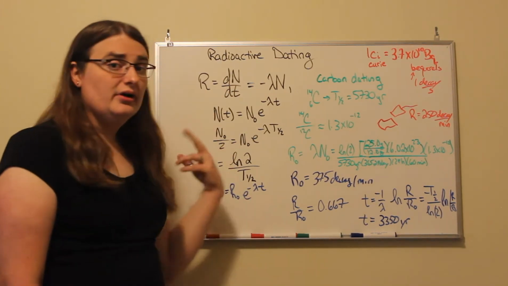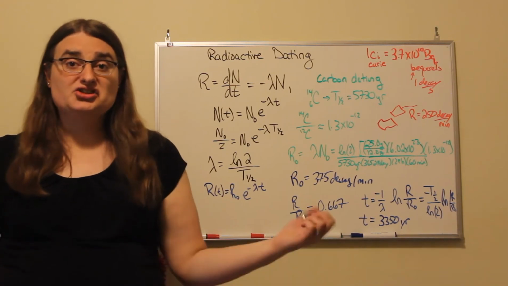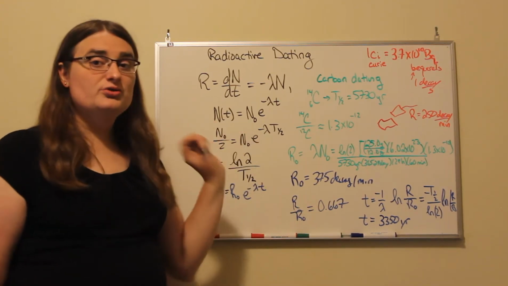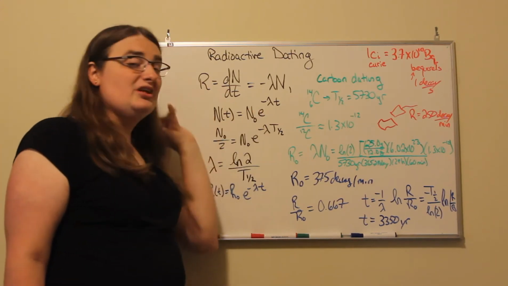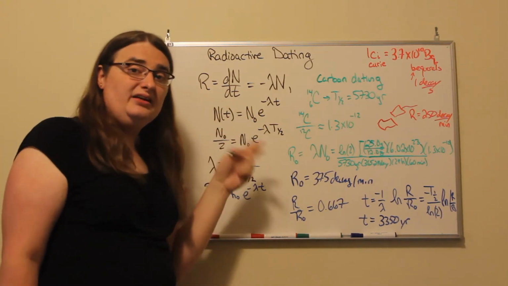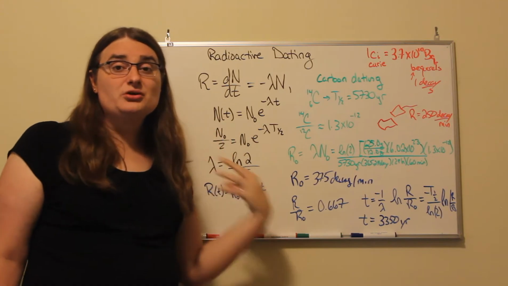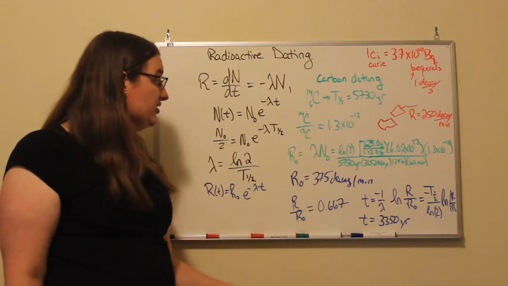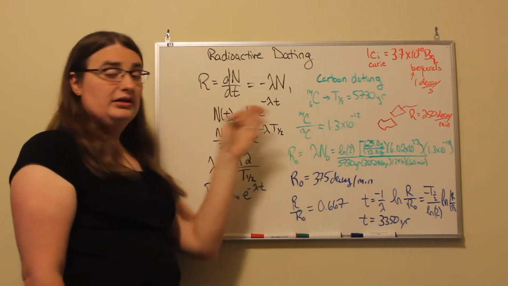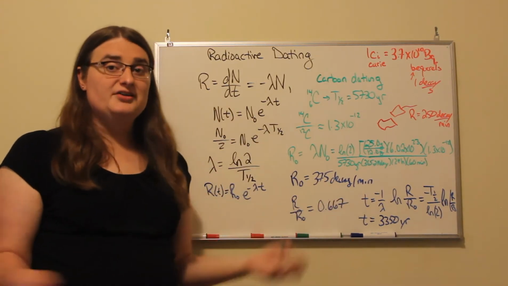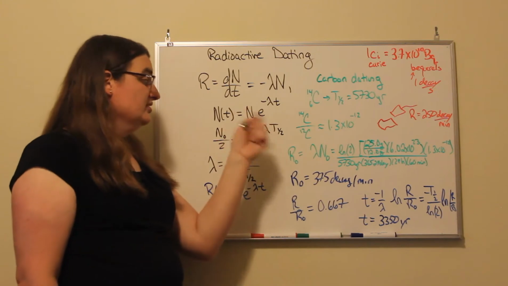So the number of radioactive particles we have remaining would be equal to the original number of radioactive particles we started with times Euler's number raised to minus a characteristic value lambda times time.